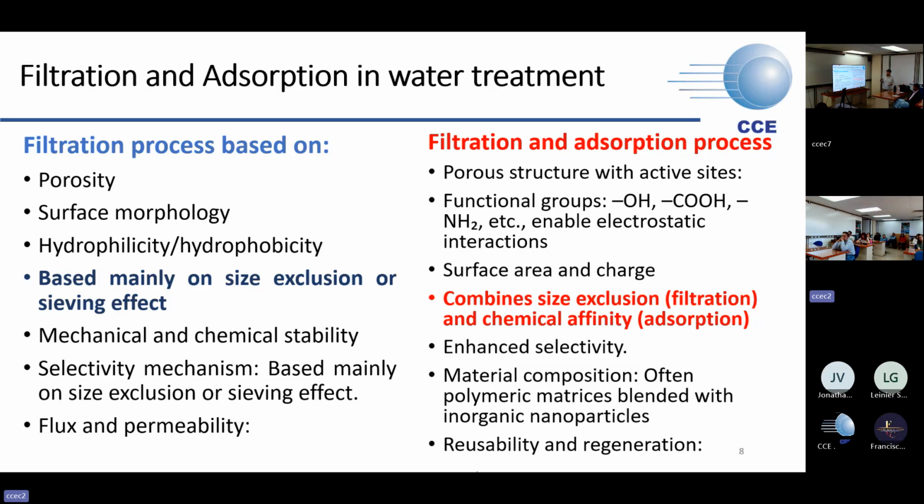Another aspect is hydrophilicity and hydrophobicity, and the surface morphology, but this process is mainly governed by porosity. Once we add some materials in the membrane, for example, graphene oxide or graphene-based materials, carbon, we introduce some organic functional groups.